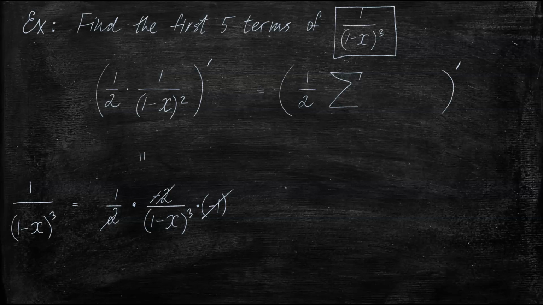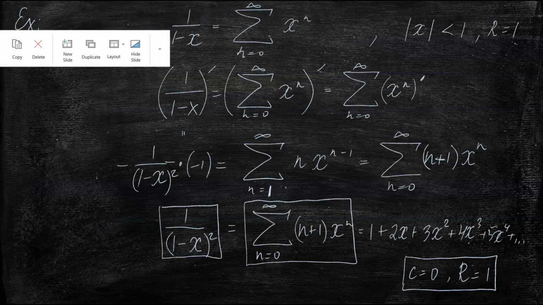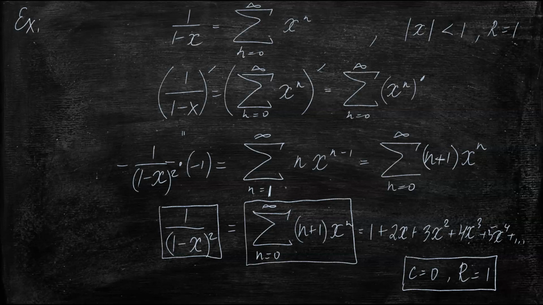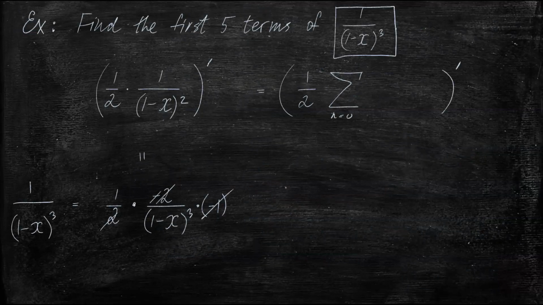There is a power series representation of that 1 over 1 minus x squared, which we just found earlier. So the series that we're going to differentiate is this. And according to the theorem, we can differentiate this term by term, and whatever that answer is, that's our desired answer.